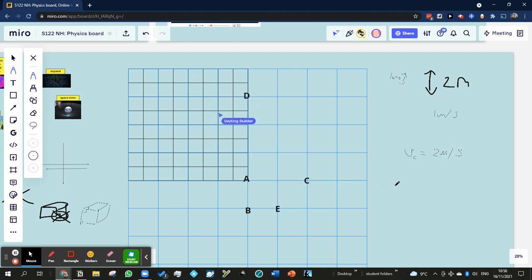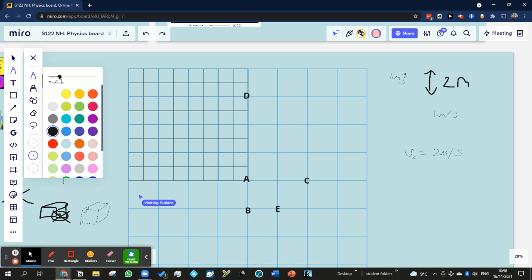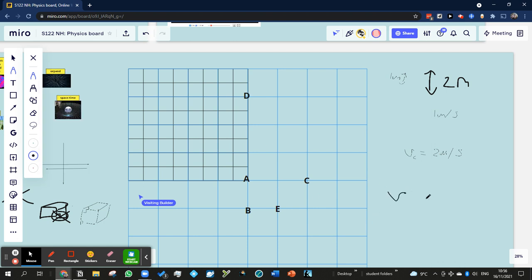So the key thing to realize here is that not only are the things further away moving away more quickly, but also that the velocity that something is moving is directly proportional to the distance it is away from itself.